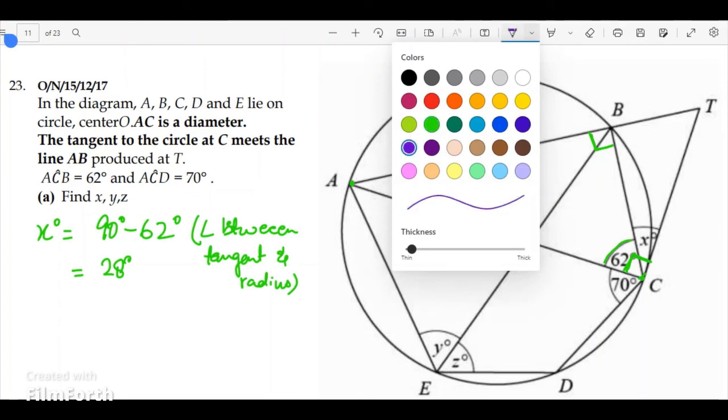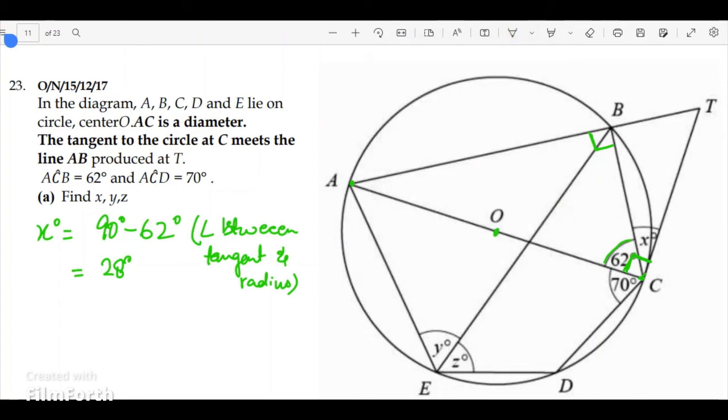Let's change the color that we have been using. Okay, so we have to work out y right here. Let's just see where this y angle is coming from. Go down this line and we see that this is coming from A, and this line right here is coming from B. Let's see if this chord AB is making any other angle in this circle.